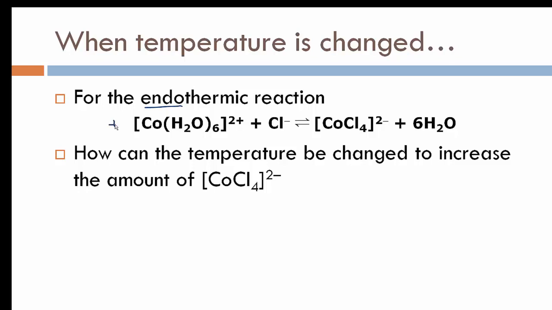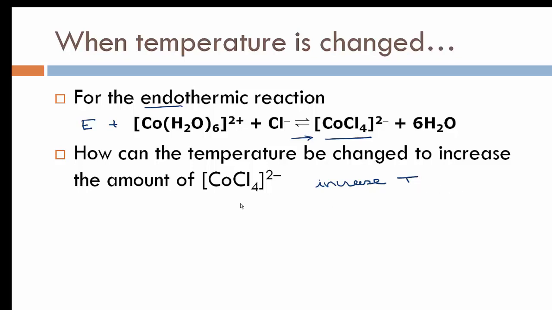That means energy is on this side. What can you do to make more product appear? That is, you want the reaction to shift to the right. So in order to do that, you have to increase the temperature to push the reaction to the right.